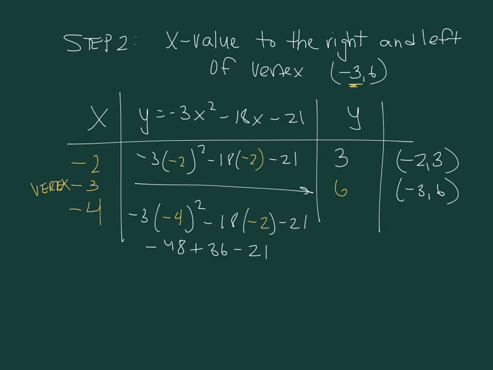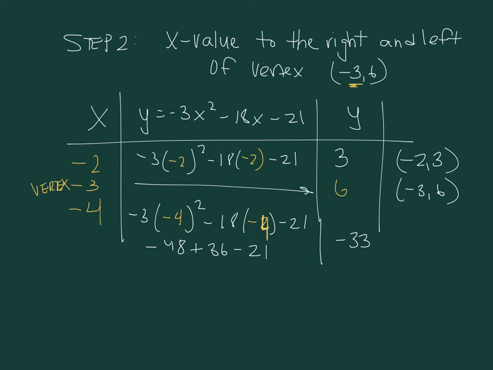So negative 48 plus 36 minus 21, and that is going to be negative 33 if I go that route. Hold on, I did something wrong. I found out what I did wrong. Negative 2 here, that's a negative 4, not a negative 2. So you've got to make sure you substitute the number in appropriately all the way through.